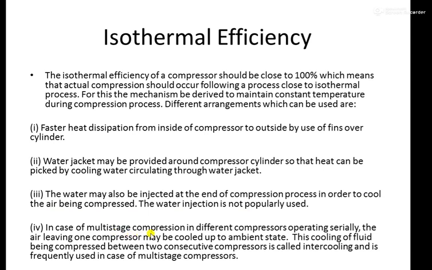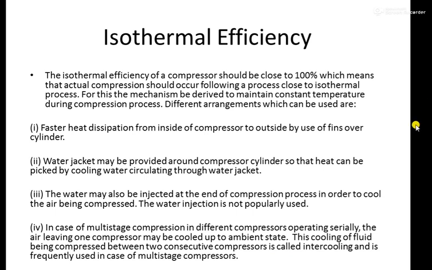In another case, as we have seen in multi-stage compression, an intercooler was used. In multi-stage compression, with different compressors operating serially, the air leaving one compressor may be cooled up to the ambient state. This cooling of the fluid being compressed between two consecutive compressors is called intercooling and is frequently used in multi-stage compressors.